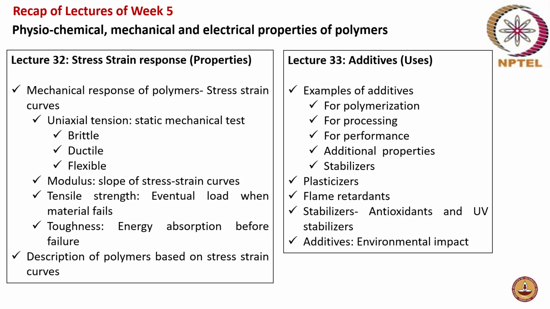And then stabilizers, like UV stabilizers and thermal stabilizers, were all discussed. And then there was a greater discussion on plasticizers, and then flame retardants and stabilizers. And then the impact on the environment: how these additives, again small molecules, have the capability to diffuse through soil, air, and water was also discussed, right?